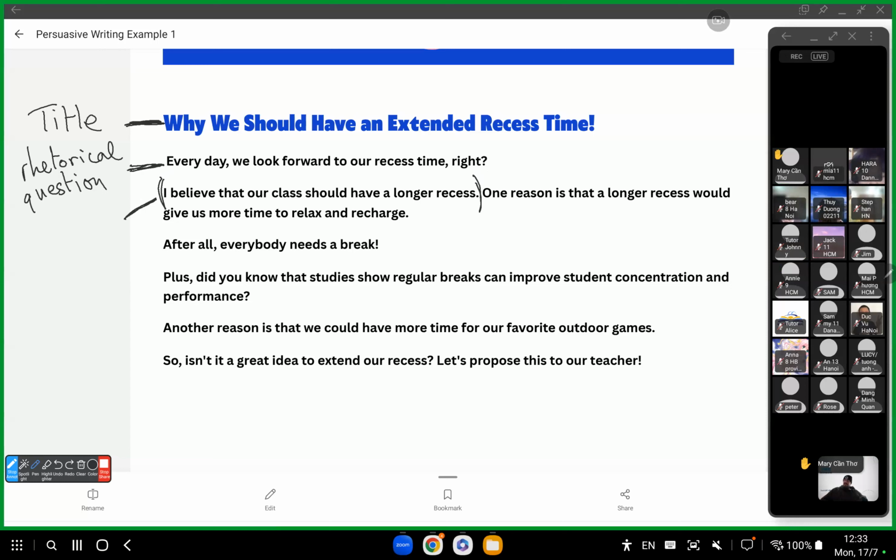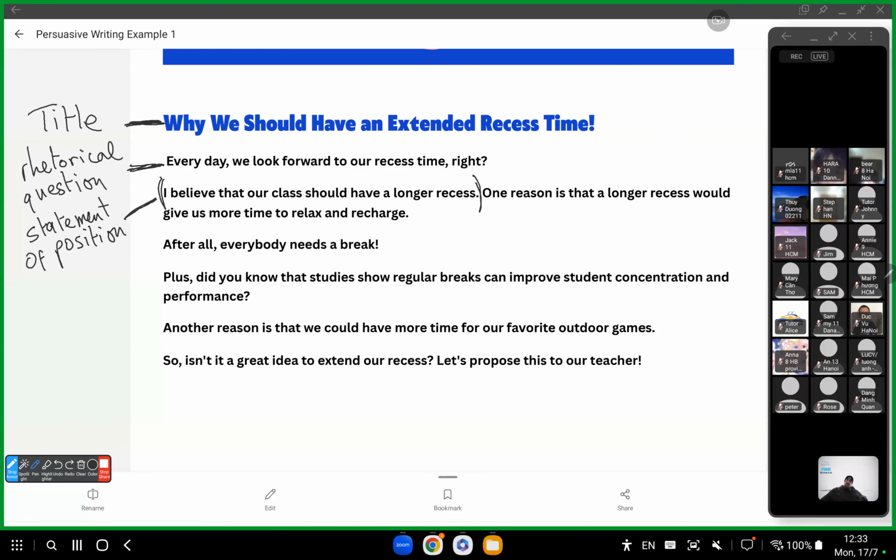Very good. So this is our statement of position. So this lets the audience know what we're trying to persuade them of. So I believe that our class should have a longer recess.